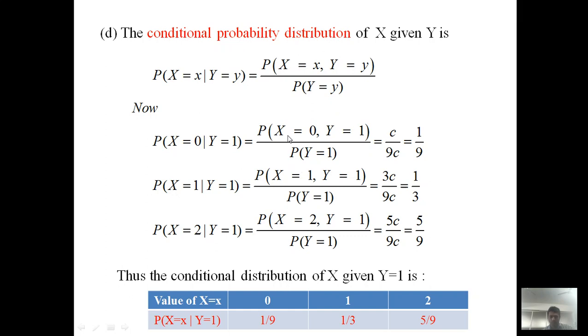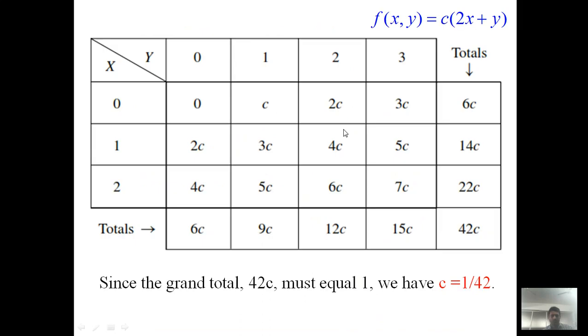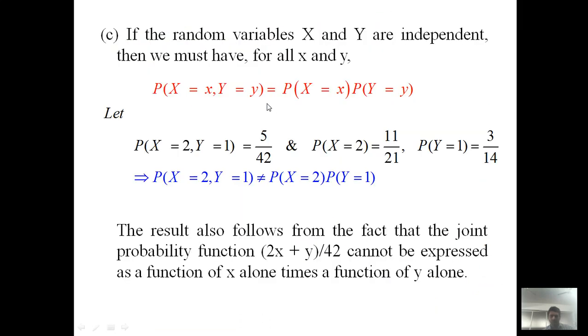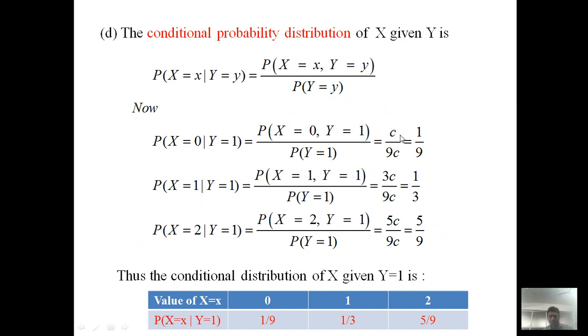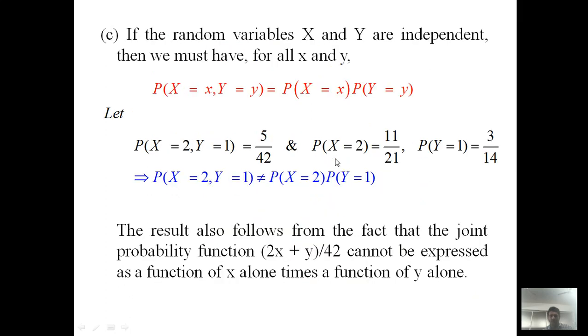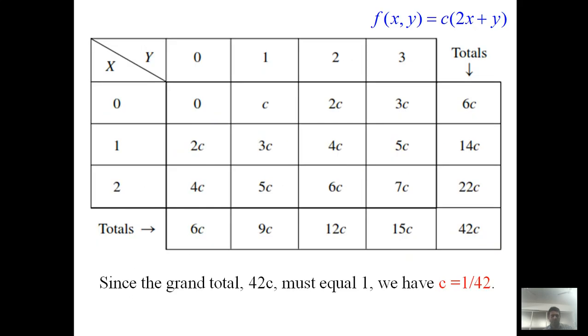Probability of x0, y1 is c. The denominator is my marginal probability at y is equal to 1.